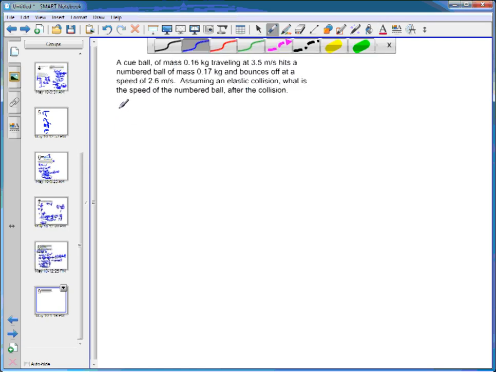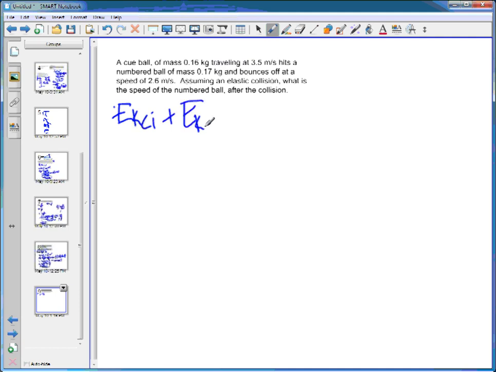E_K, kinetic energy of the cue ball initially plus the kinetic energy of the numbered ball initially is equal to the kinetic energy of the cue ball final plus the kinetic energy of the numbered ball final.